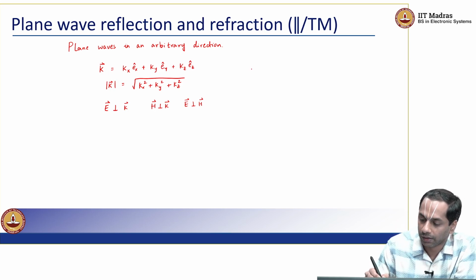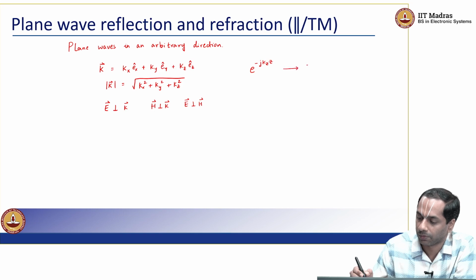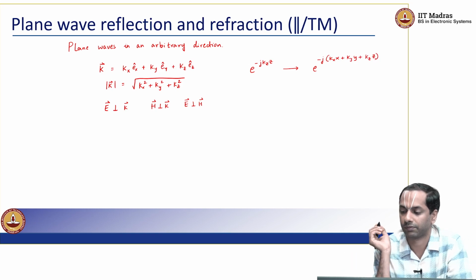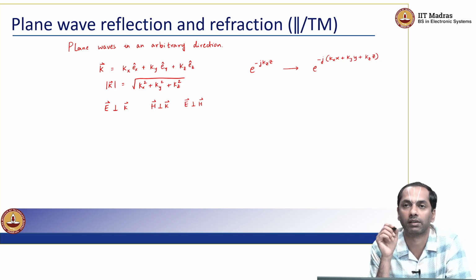And remember that the spatial dependence, which was before just written as e to the minus j kz z, right, transforms to e to the minus j (kx x plus ky y plus kz z). Okay, still a scalar, right, but the spatial dependence now has all three x, y and z, right.